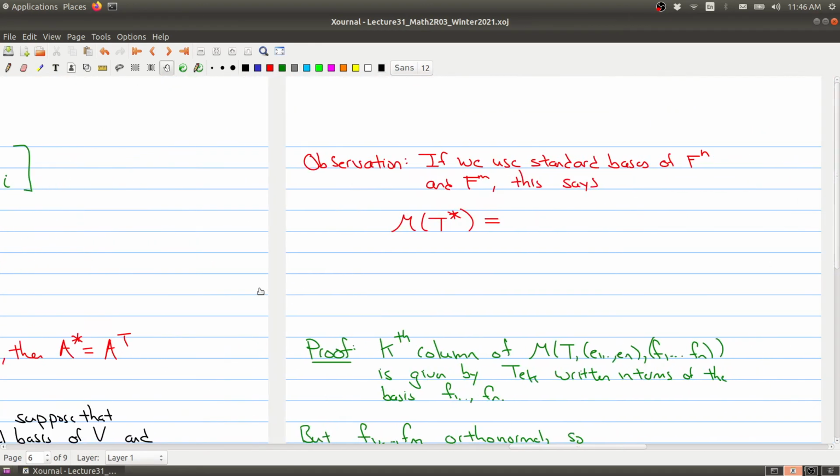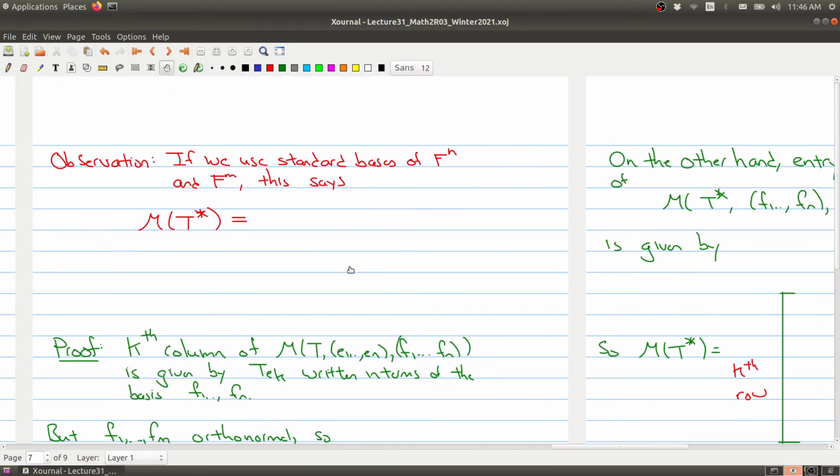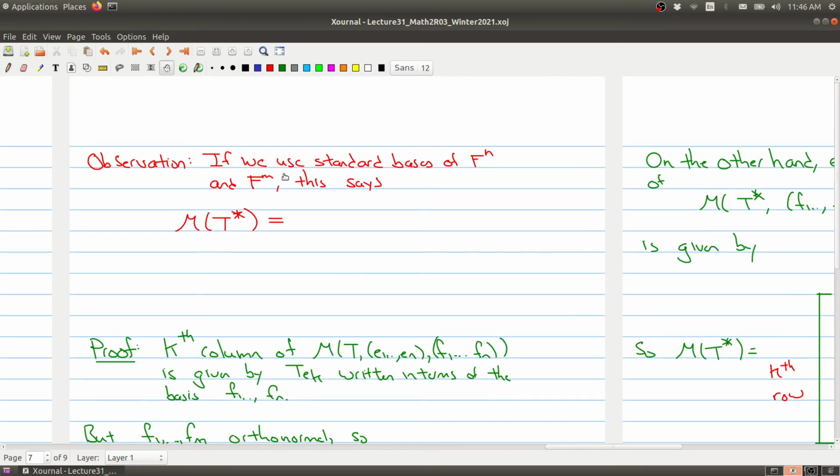This may help you a lot to understand what we're doing with the adjoint. If we use the standard basis of Fn and Fm, what this is saying is that the matrix of the adjoint is the matrix you get by taking the complex conjugate of the original matrix.